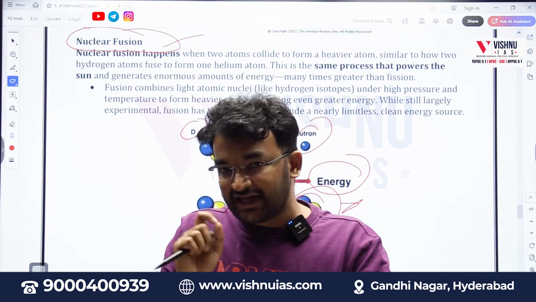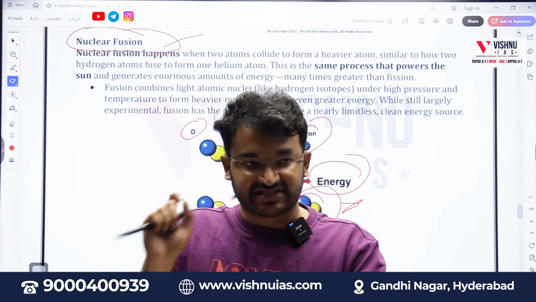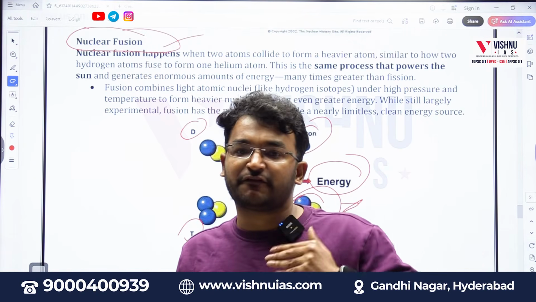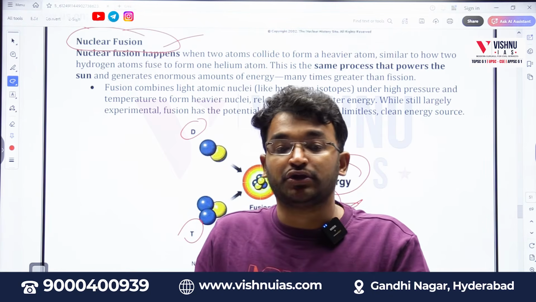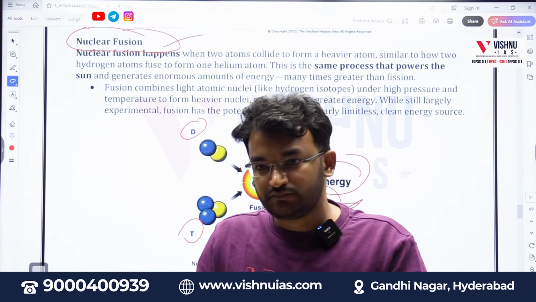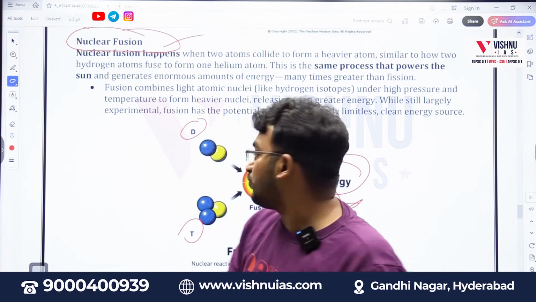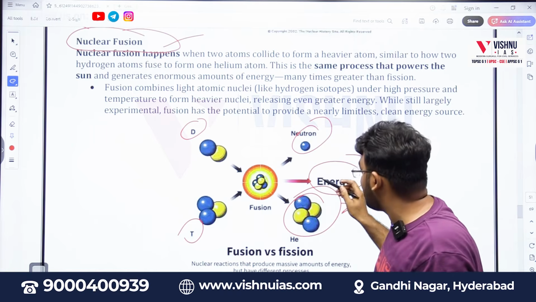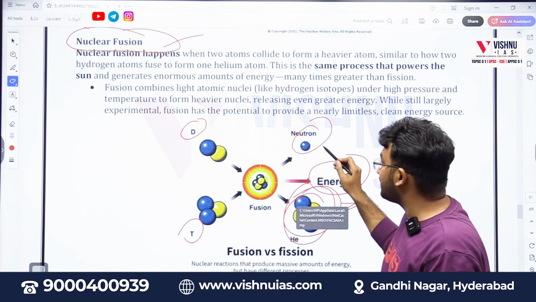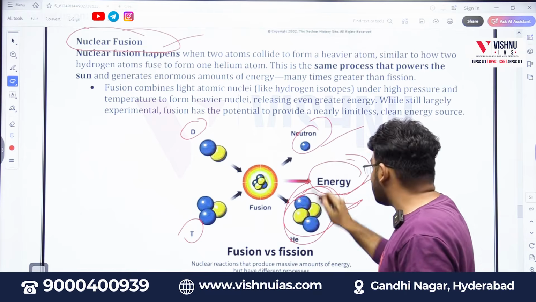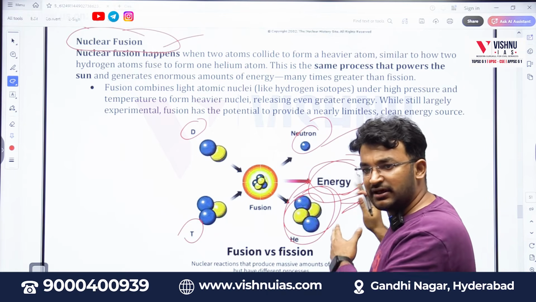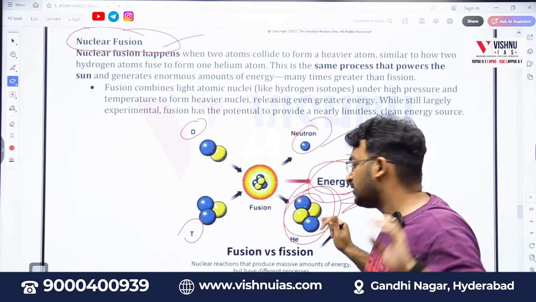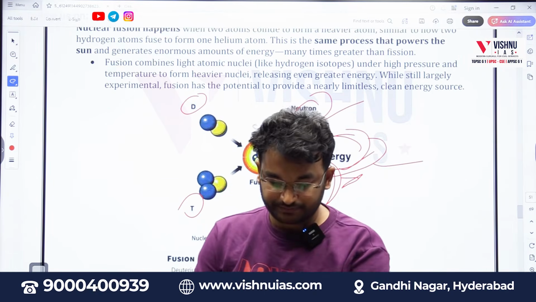They have a thing called the artificial sun, a project called EAST, and they are in the final stage of development of this nuclear fusion. Understood? Now what happens here: 2 small nuclei come to form a larger nucleus which releases energy and a neutron. This energy again uses the same process, water or turbines, to produce electricity. Clear? Now write the example.